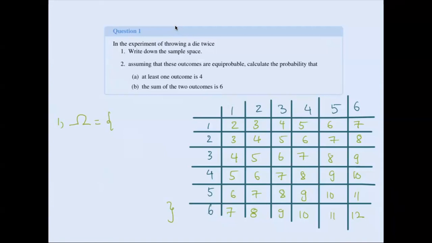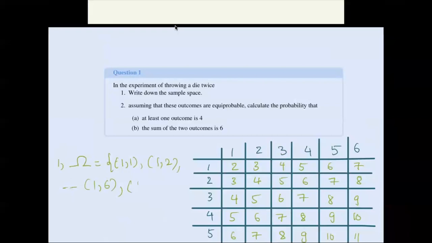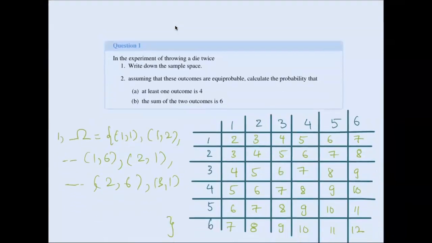What you have to do is list out 1, 1, 1, 2, up until 1, 6. And then 2, 1, up to 2, 6. 3, 1, 3, 2, up to 3, 6. Something like that. You have to list out everything on the midterm or in the final exam, okay?